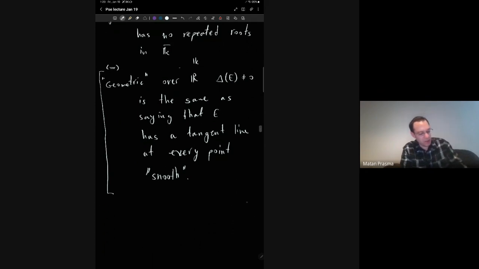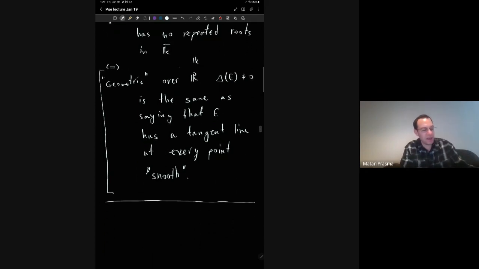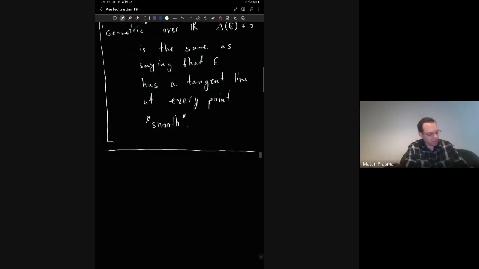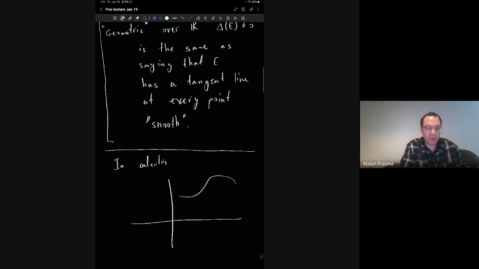What I want to start with is what is the tangent line? So in calculus, you have, let's say, a function, the graph of a function. It doesn't really have to be an actual function. It could be a curve like we have that continues, I don't know, like this.